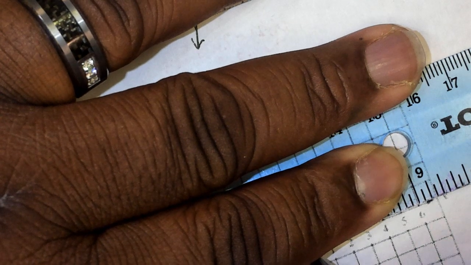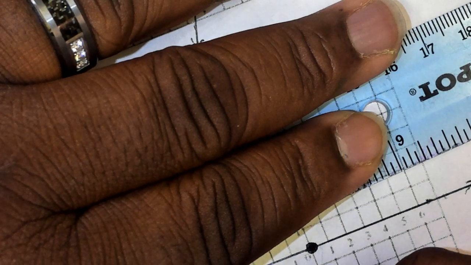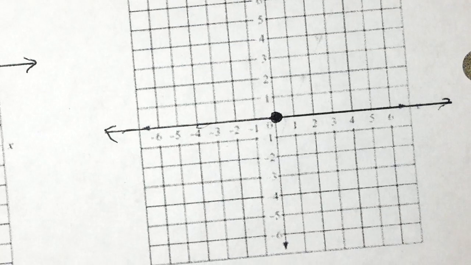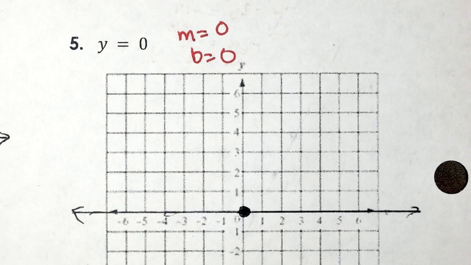I can't remember if it's on your test or not. I think we're trying to set you up too. y equals 0 is the same thing as saying the x-axis. I know that sounds confusing, but if you look at it, it's true. y equals 0 is the same thing as drawing a line on the x-axis. You heard that one, or you too busy talking to Mike? y equals 0 is the same thing as drawing a line on the x-axis. It is the x-axis. But I'm showing you why.